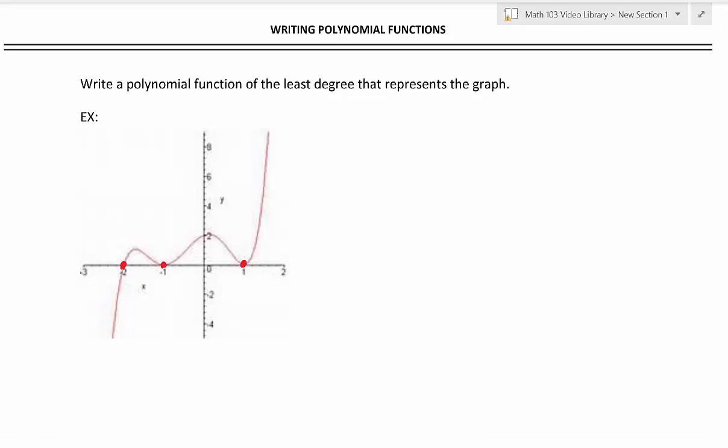Looking at -2, we see that our graph straight crosses the x-axis. A straight cross tells us that we have a multiplicity of 1.